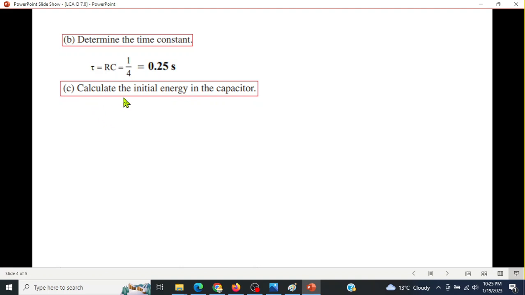Then part C is calculate the initial energy in the capacitor. So we know the formula for energy is half CV squared. So at time t equal to 0, the capacitor is fully charged, and the energy we'll write is omega 0 is equal to half C V0 squared.